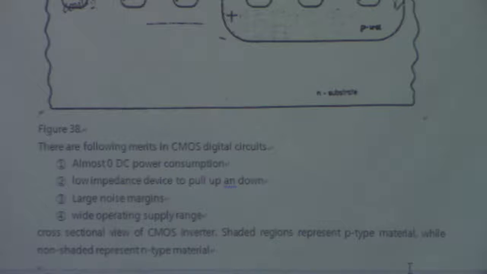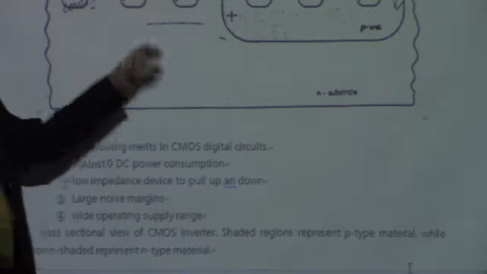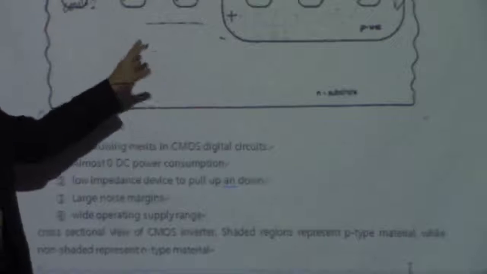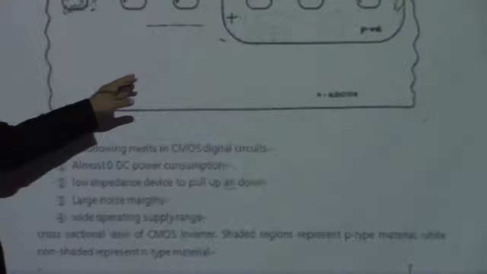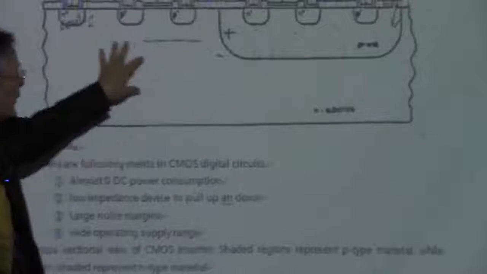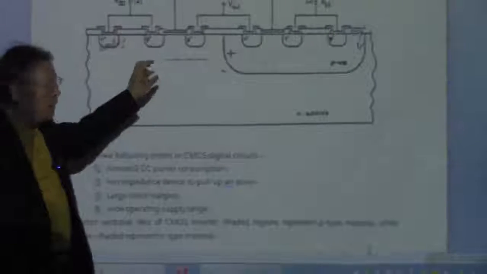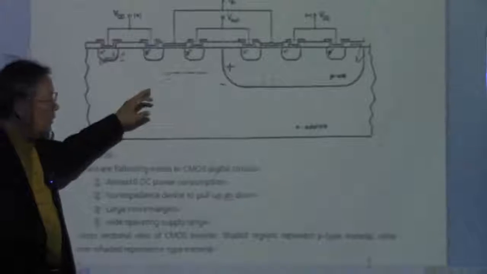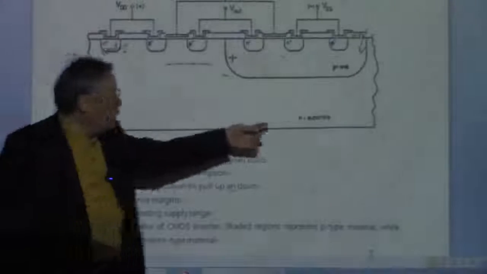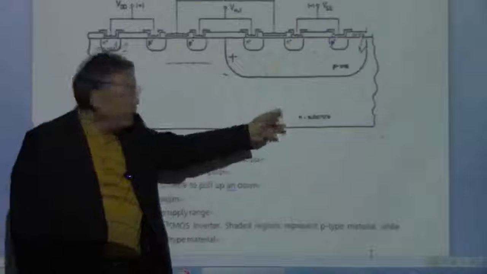Now, which one is beneficial? Obviously, we want to make most of the device in NMOS because the NMOS is much faster. So this is the common practice used in the industries. We are using the P substrate instead of the N substrate like this, okay?